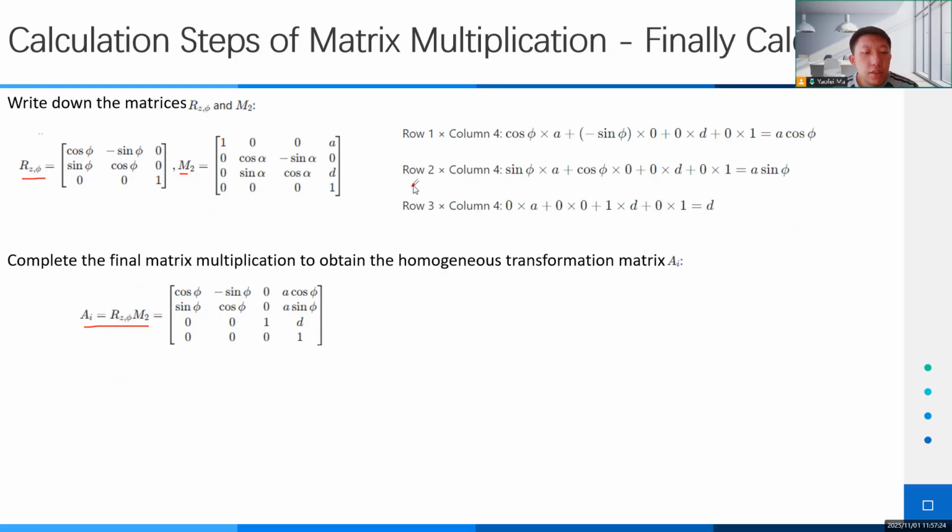You multiply them, let's compute some key elements. After calculating each element, we get the final homogeneous transformation matrix A_i, which is this.